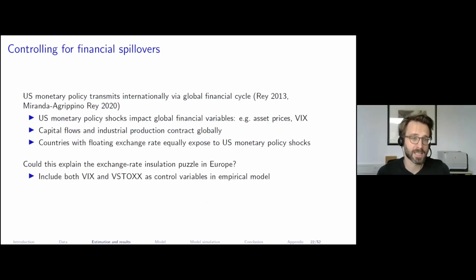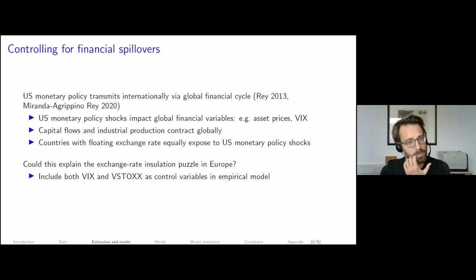Okay, so now here's the important aspect. Of course, most of you may have thought about this the whole time, so I have been silent on this. There's very influential work by Helene Rey and others, which looks at the transmission of US monetary policy shocks, and it's been understood by now that it operates through the global financial cycle.